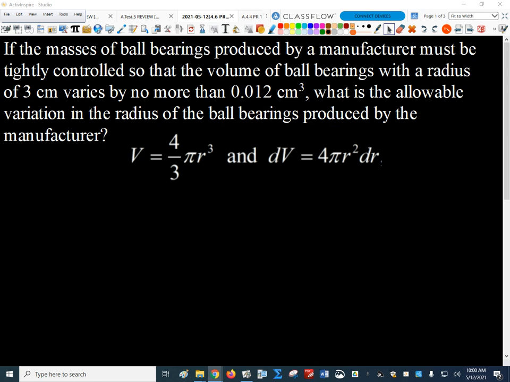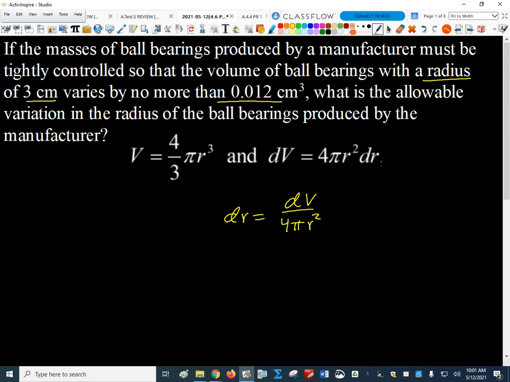Because we're trying to solve for dr, so we can just isolate dr. If we divide each side by 4 pi r squared, I get dr equals dv divided by 4 pi r squared. We know that r is 3, and that's dv. So what am I plugging in here?